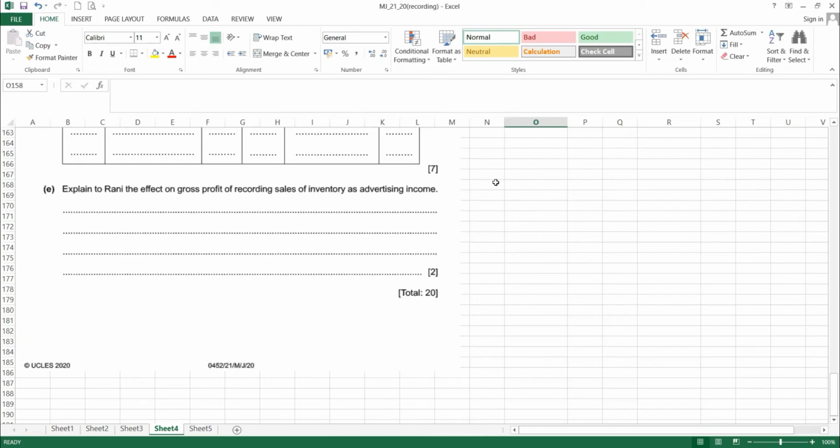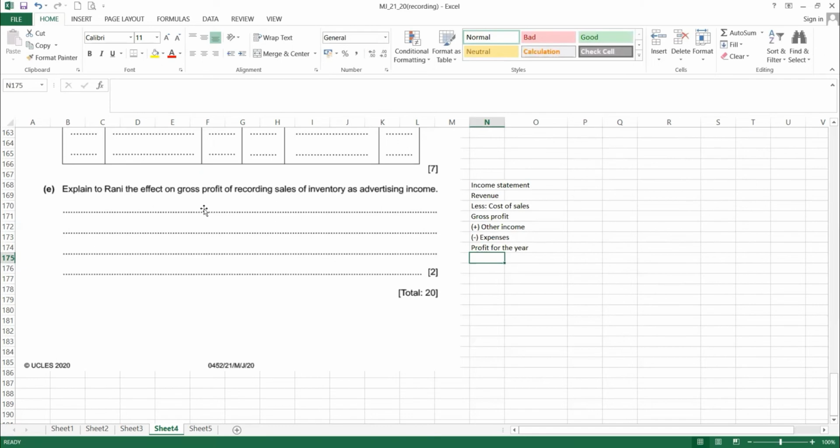I prepared a simple income statement just to show you the sections: revenue, less cost of sales, and then we get gross profit, and then we add other income, and then we less expenses, and then we get the profit for the year.